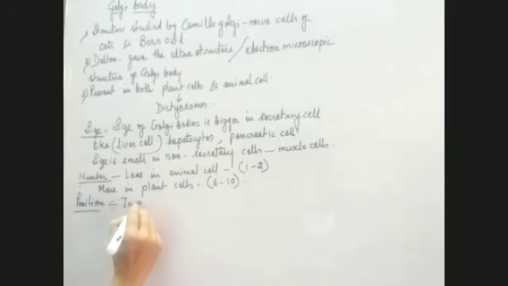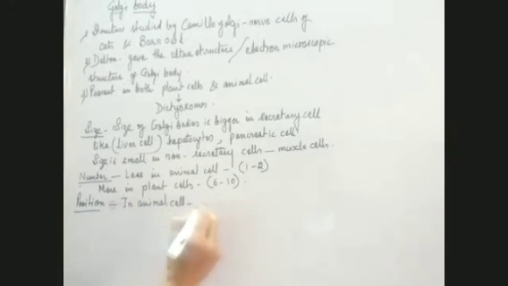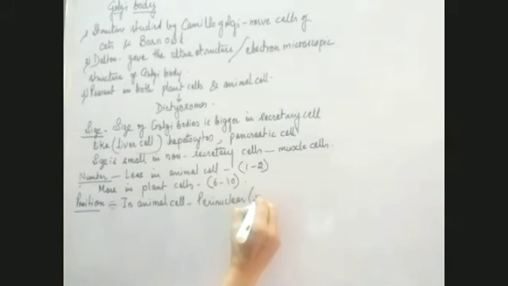So the position of the Golgi complex in animal cells is perinuclear, that is, near the nucleus.